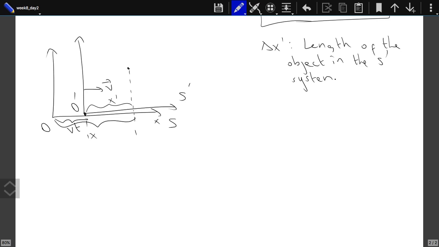And I'm interested in the length of the same object in the S system. So in the S system, I have to measure the starting point and the end point at the same time. That is delta T.